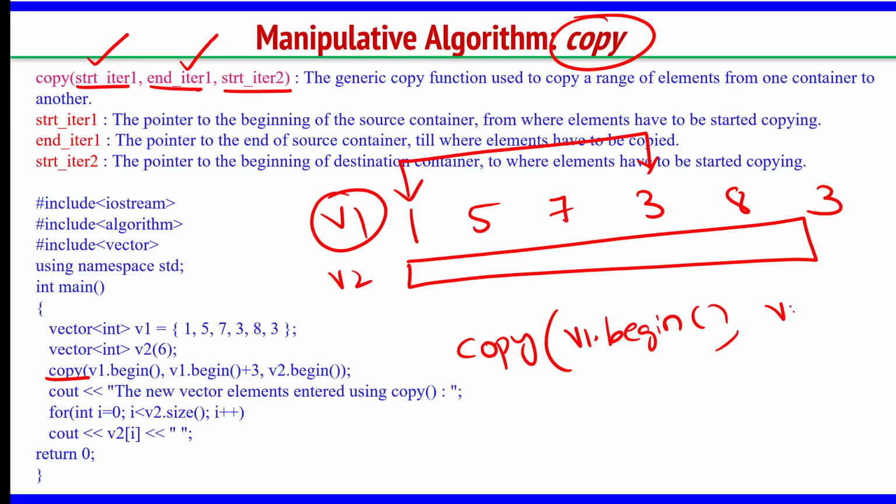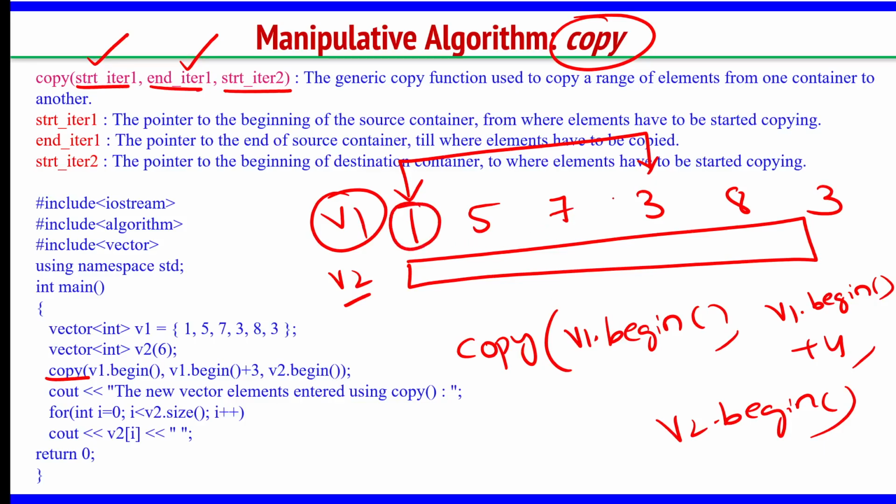Then in v1 up to begin plus 3 would be the first 3 elements; here I have to give plus 4, first 4 elements I want to copy. Where you want to copy, in v2, from v2 dot begin. It means in v1 I am giving the starting index, the ending index, and I am telling it to copy these elements into v2.